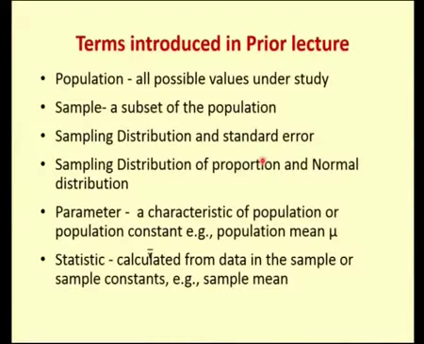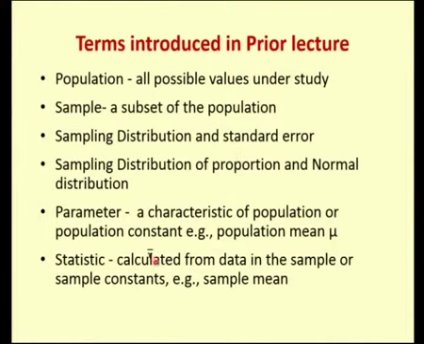Sample is nothing but a subset of these population, and sampling distribution is you need to take the samples of the same size and then you have to form a distribution for that, and we call that as a sampling distribution. We also know about the standard error, which is nothing but the standard deviation of the sampling distribution. We also discussed the sampling distribution for proportion and normal distribution.